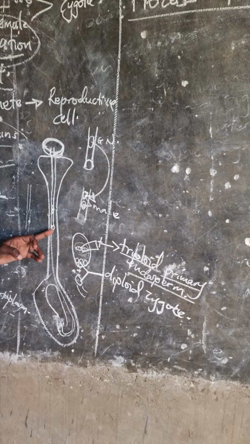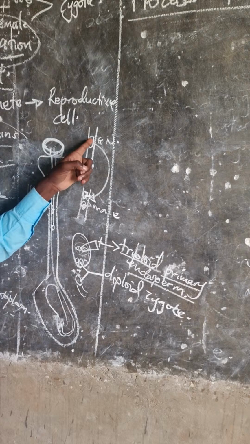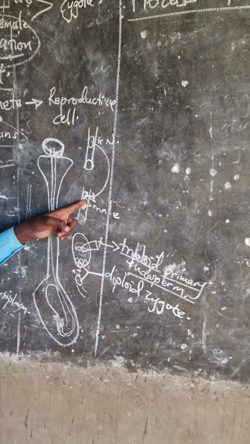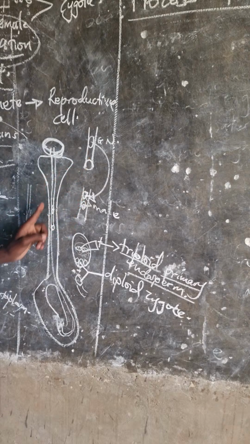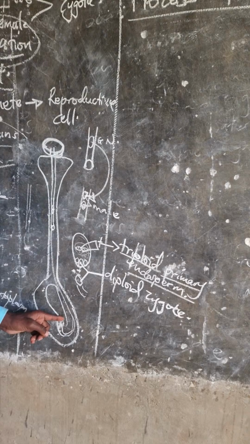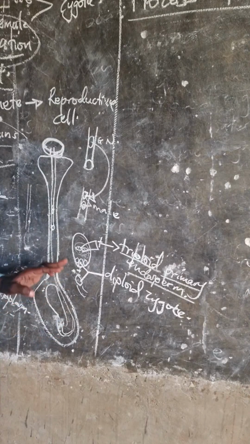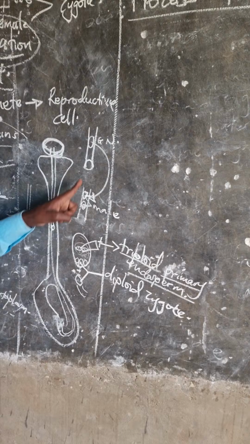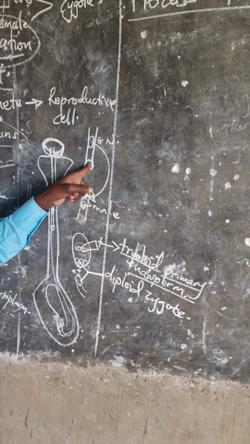As the pollen tube grows downwards, the generative nucleus lying behind the pollen tube nucleus divides by mitosis to give two male nuclei. As the pollen tube reaches or enters the ovule through the micropyle, the tip of it ruptures such that the pollen tube nucleus disappears.